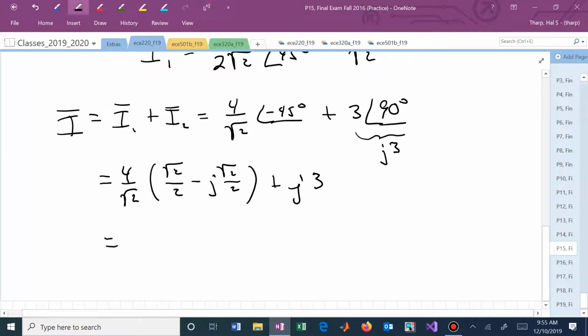And now I have a real part of 2. I have a minus j2 plus j3, or a plus j. That's I. And hopefully that's one of the answers.